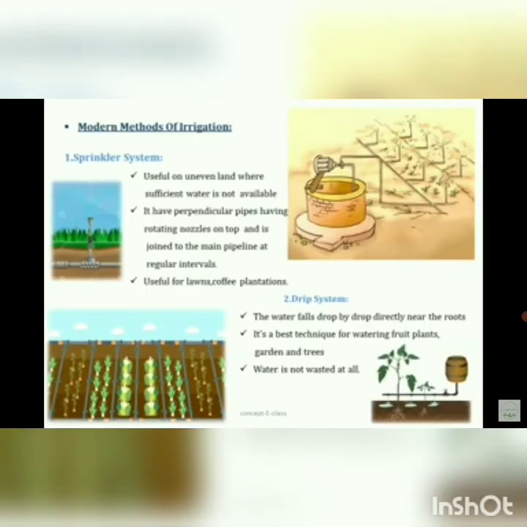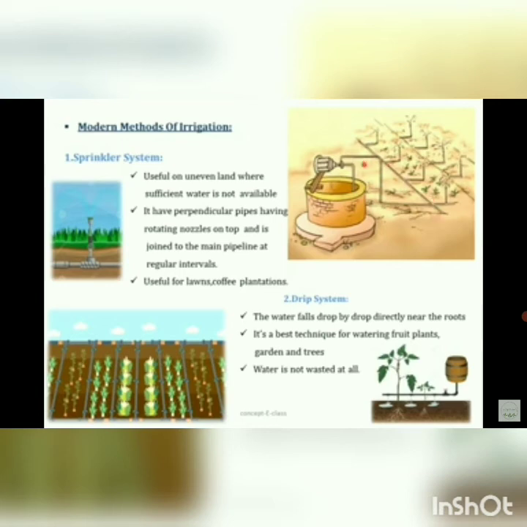Next, the modern methods of irrigation. The first method is the sprinkler system, which is useful for us when water is insufficient. You can see perpendicular pipes with rotating nozzles on the top, joined to the main pipeline at regular intervals.